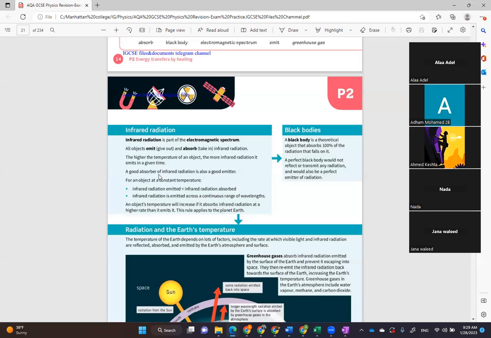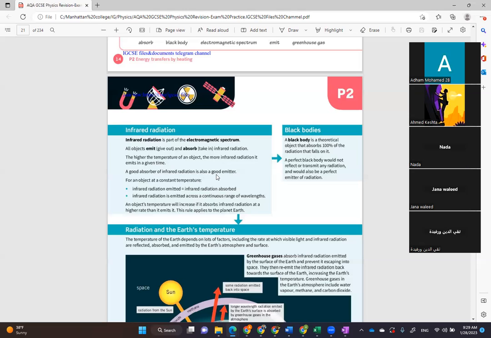A good absorber of infrared radiation is also a good emitter. So the material that absorbs a huge amount of infrared radiation also emits a huge amount of infrared radiation. For an object at a constant temperature, the infrared radiation emitted should be equal to the infrared radiation absorbed. Infrared radiation is emitted across a continuous range of wavelengths.